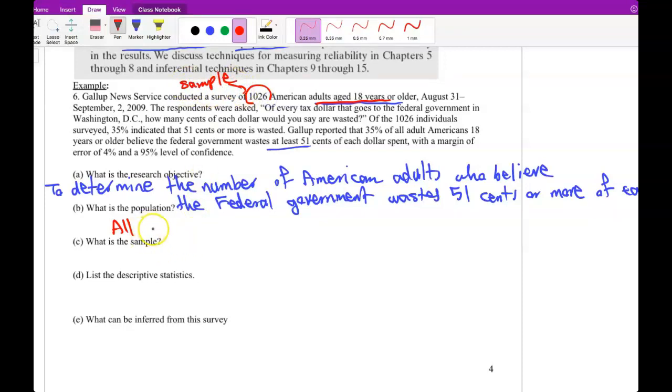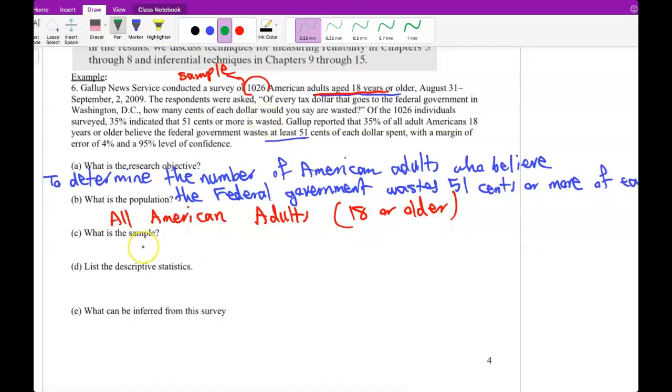And for the population, we have all American adults, and these are 18 or older. What is the sample? The sample is 1,026.